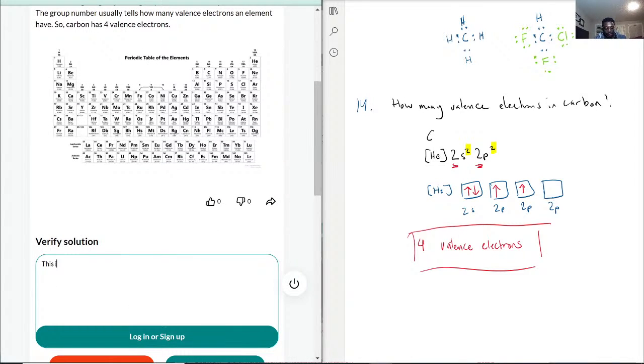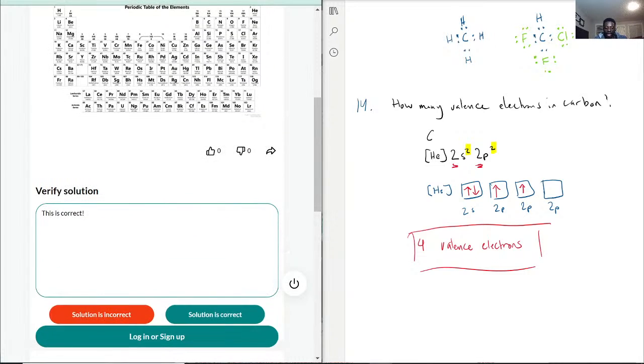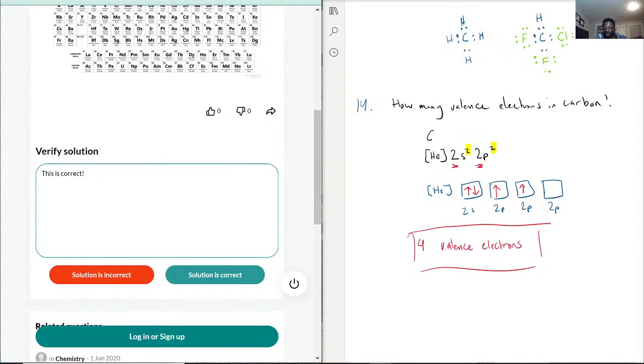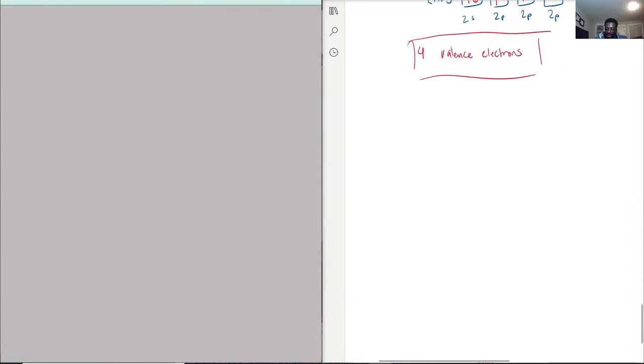So this is correct, and hopefully when they ask how many valence electrons they have, they're referring to the elements on either side of the periodic table, not the ones in the middle. Okay, so now let's move on to question 15.